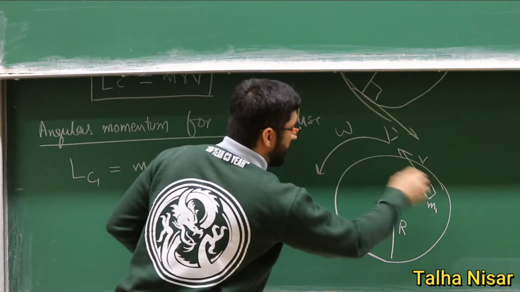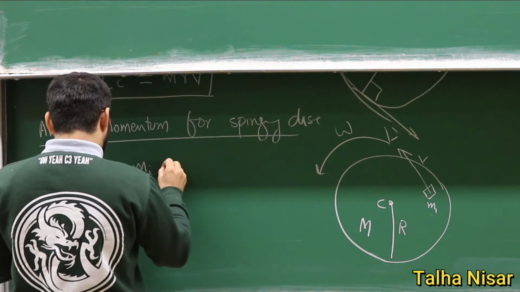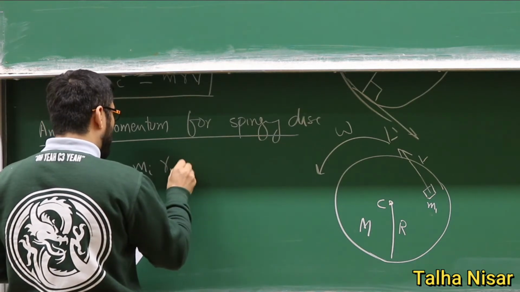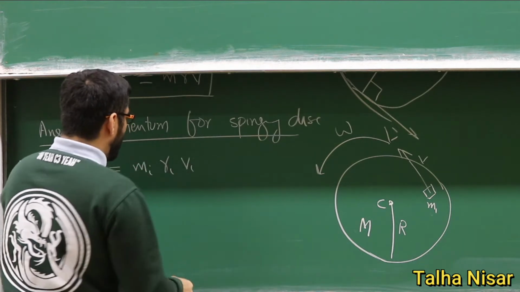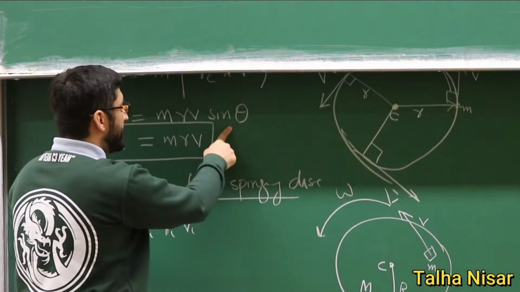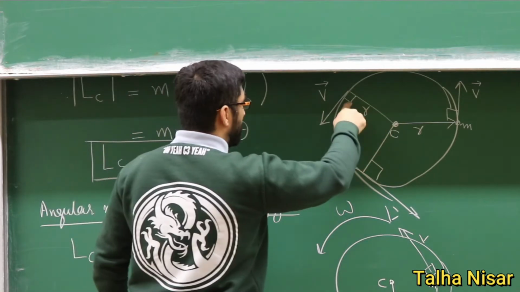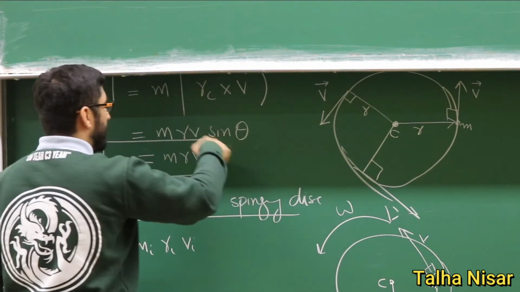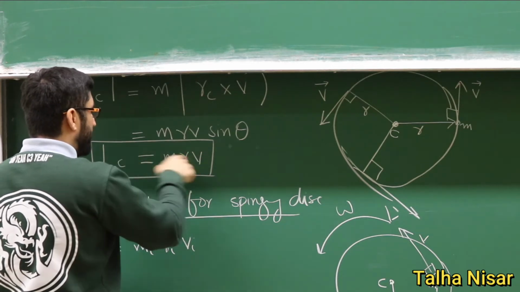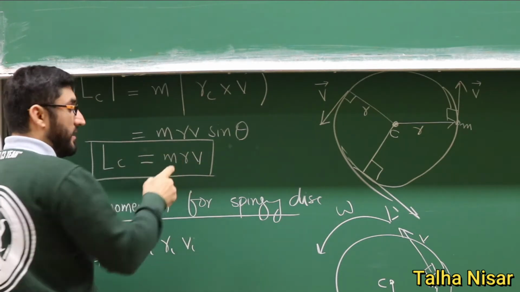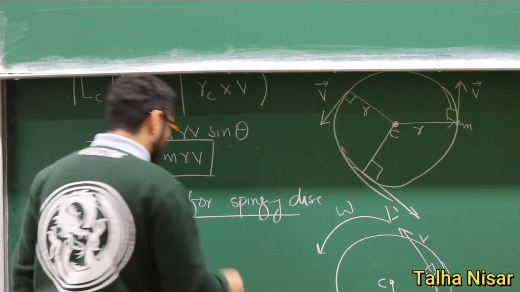So this is the element m_i, and then we have the radius r_i, and then we have the v_i. We don't have to worry about the sine theta, because this is the same case. We have 90 degrees, so the sine is always 1. So we can just talk about the magnitude of the angular momentum.